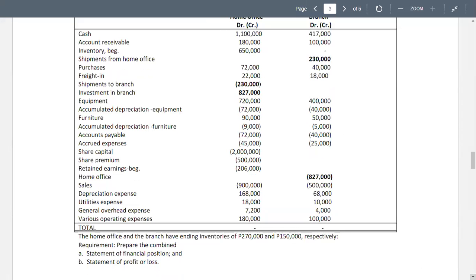Accumulated depreciation, deduct 112,000. So you extend the difference of 1,008,000. That's the carrying value. And then you have your furniture, 140,000. Accumulated depreciation is 14,000.